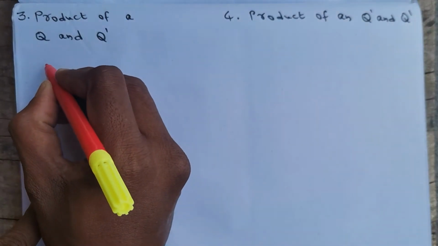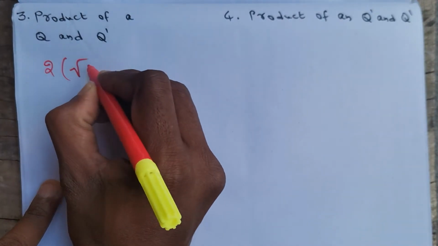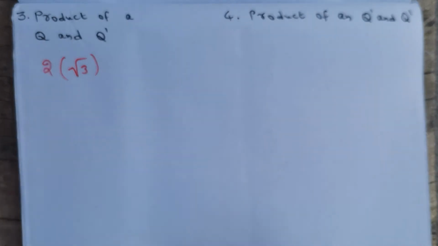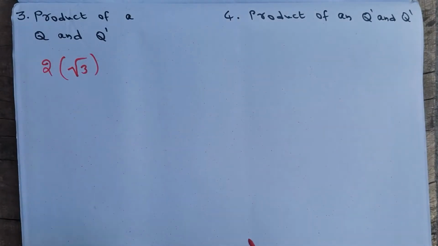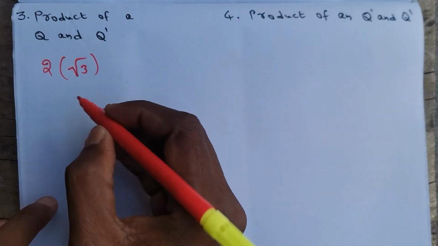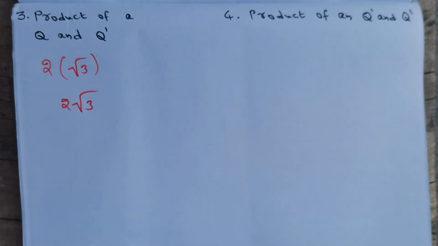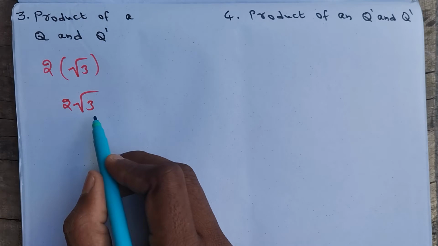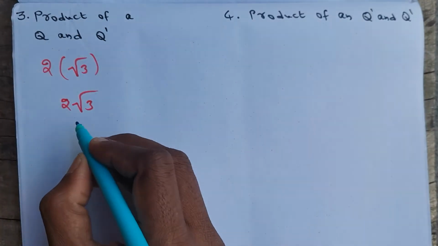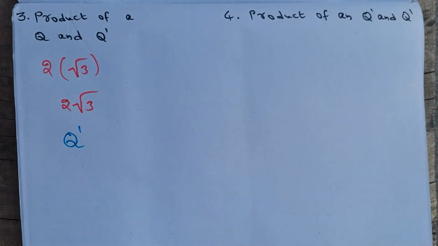For example, I have one rational number 2 and one irrational number √3. Now I am going to multiply these two. One is rational and one is irrational, so we cannot simplify this further. So simply it is 2√3 only. So if one number is rational and one is irrational, and we multiply them, the answer is always an irrational number.